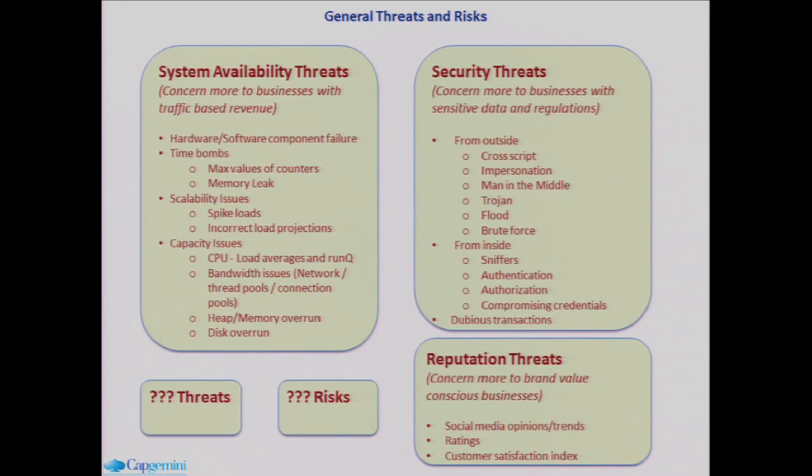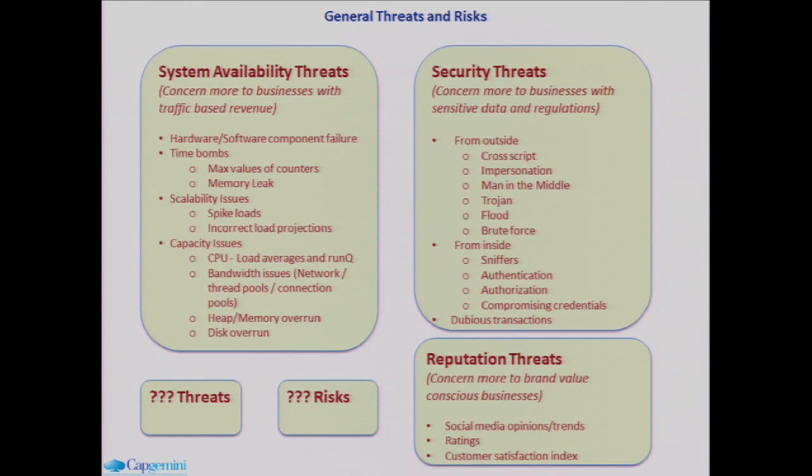In recent times, there is another one that I've seen trending is reputation threats. So the system availability threats are applicable to the systems who are more traffic-driven, where you were expected to lose a lot of revenue even if your system goes down for a little bit.